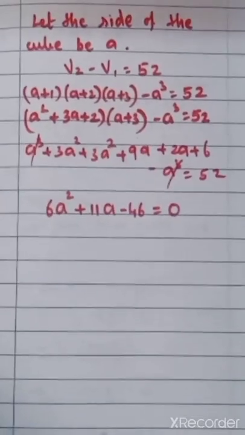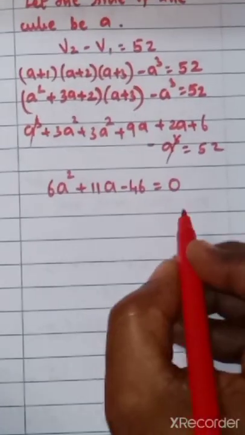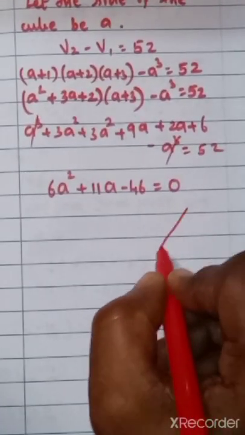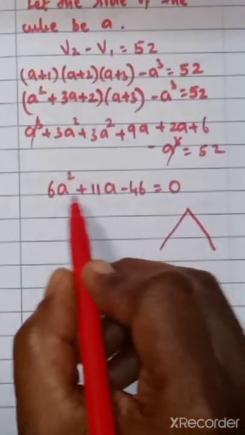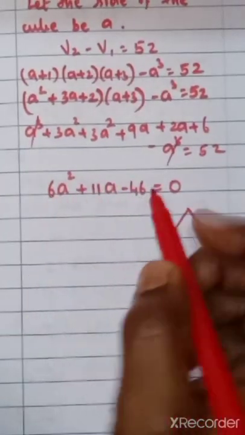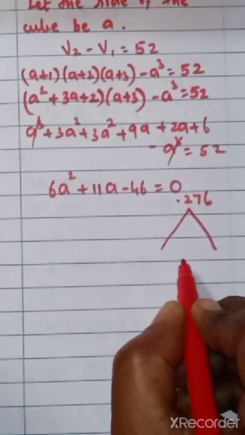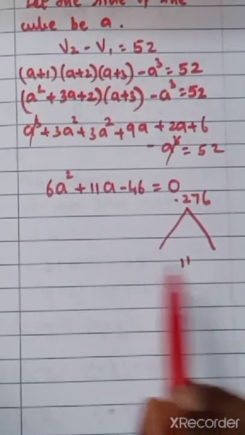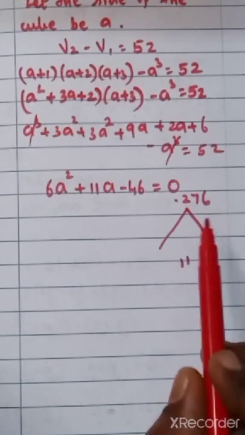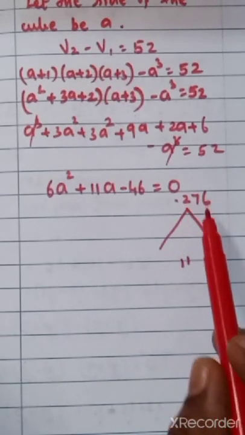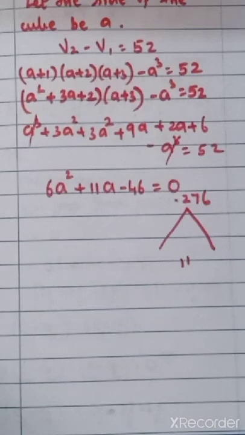Now what do we have to do? We have to factorize this. So how can we factorize? Here 6 into minus 46 is minus 276, and this will be your 11. So what are the numbers? When we multiply we have to get minus 276 and when we add we have to get 11.